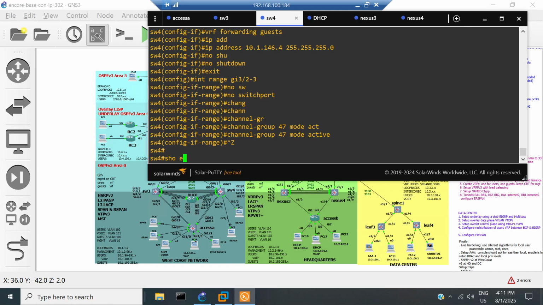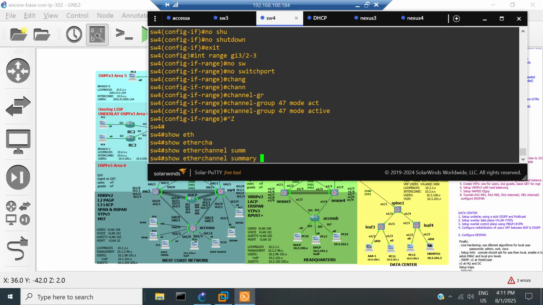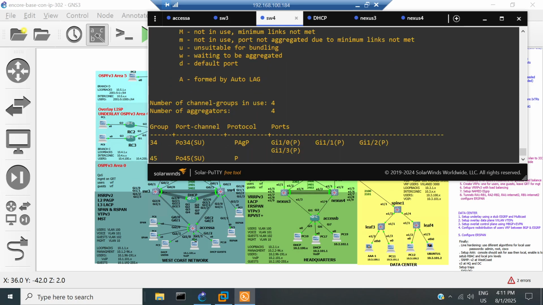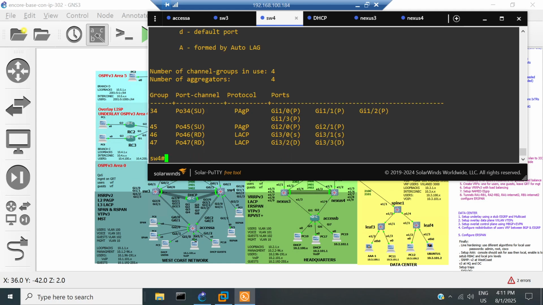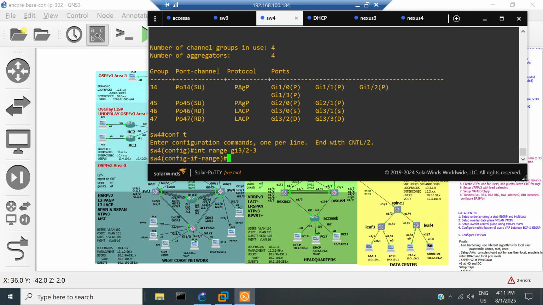So this will be my EtherChannels. These show up as D. That means that these interfaces are in administrative down, so I'm going to issue no shutdown.